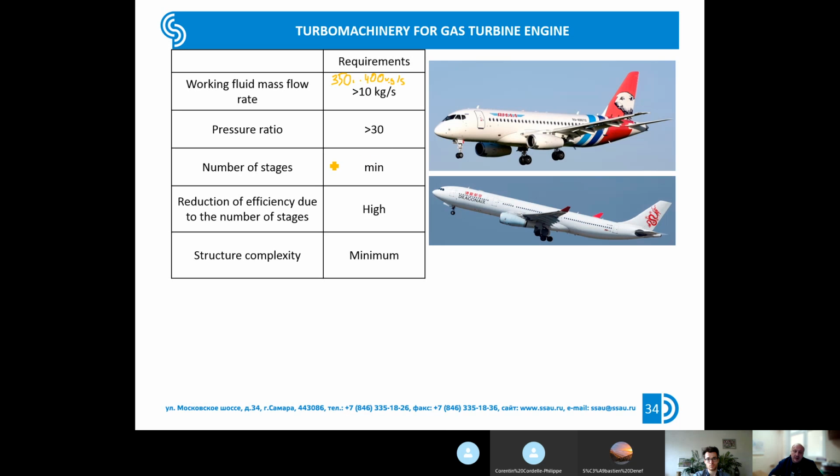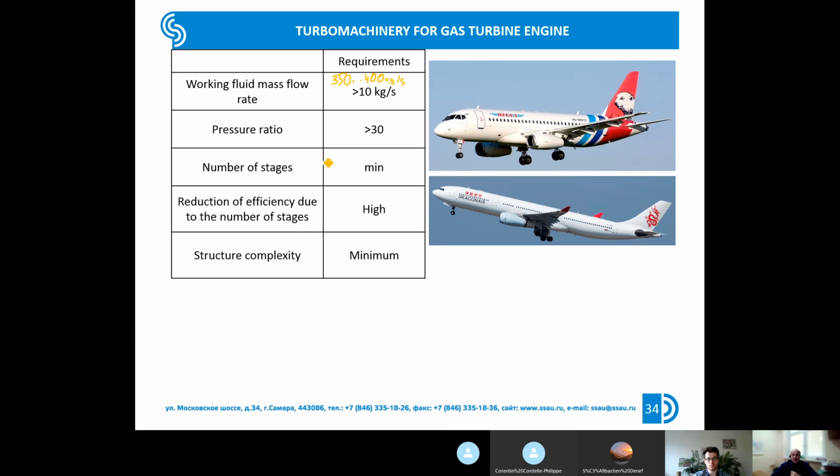And of course other requirements are typical. The number of stages and number of elements must be minimum, efficiency must be maximum, complexity of the construction must be minimum. Finally, these three parameters lead to decreasing the cost of the aircraft engine.